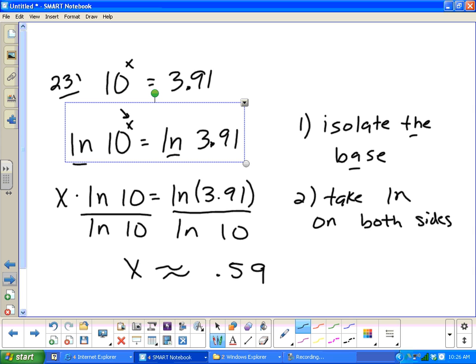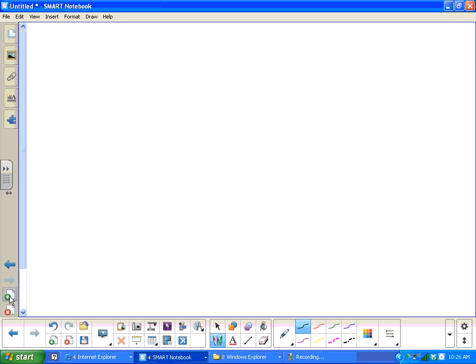Now, the reason why you want to do natural logs: I didn't really use natural logs like this, but I kind of bought into it because of this reason. If I take the natural log of, say, e to the 4th, so now I'm making my base e, that's the base of a natural log.